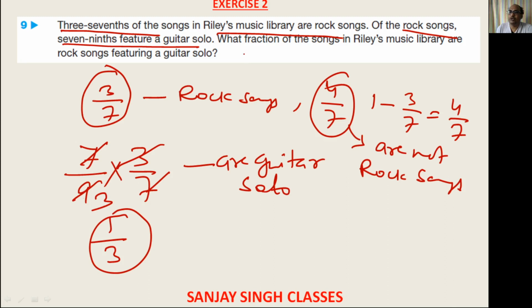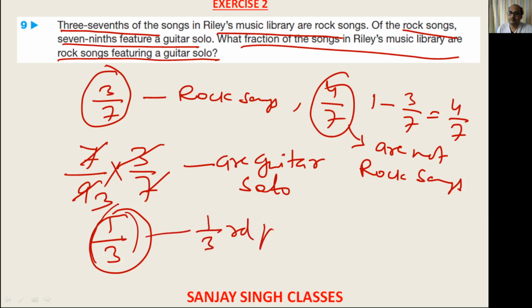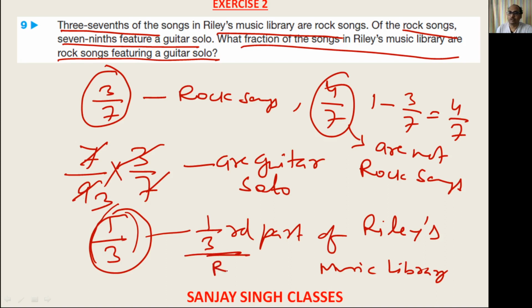The question is, what fraction of the songs in Relays Music Library are rock songs featuring a guitar solo? Featuring a guitar solo is 1 by 3 completely. So 1 by 3rd part of Relays Music Library are rock songs with guitar solo. So our answer will be 1 by 3.